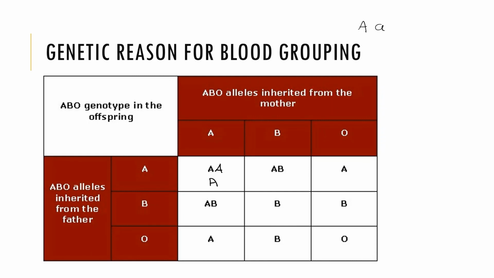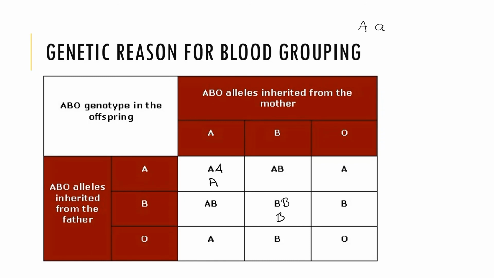If the father is B and the mother is B, again a homozygous dominant condition, the progeny will be blood group B.